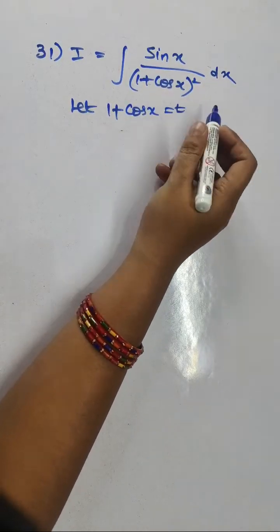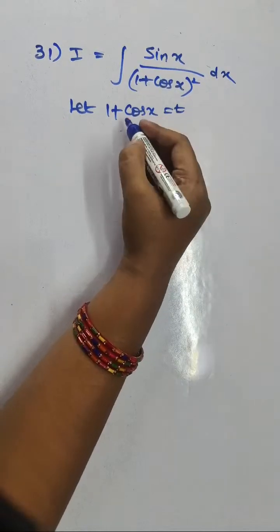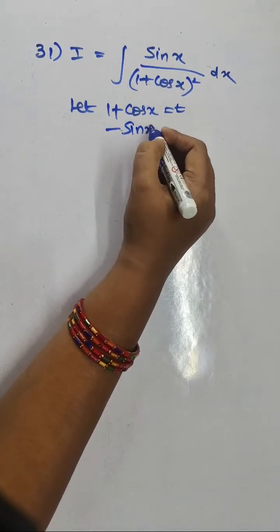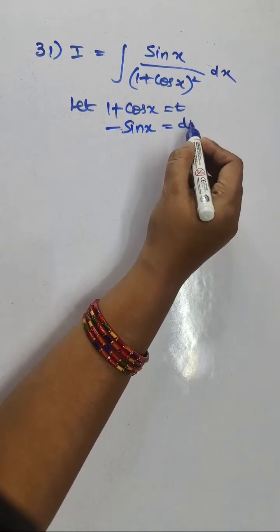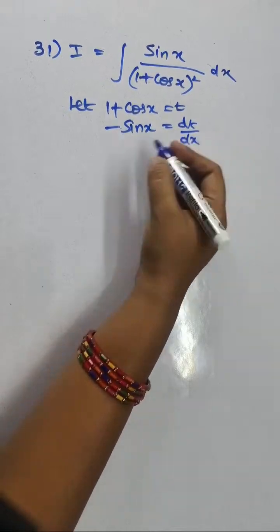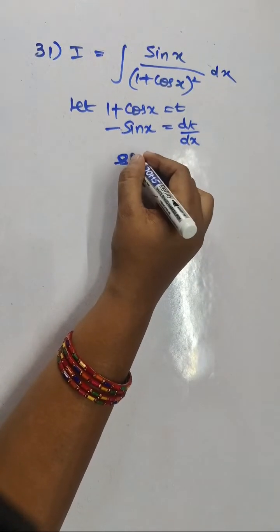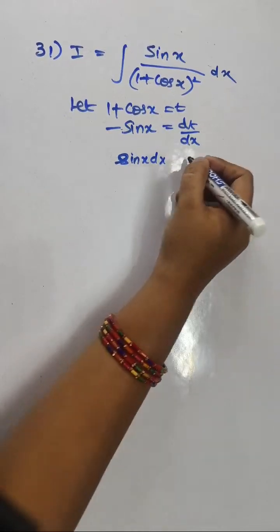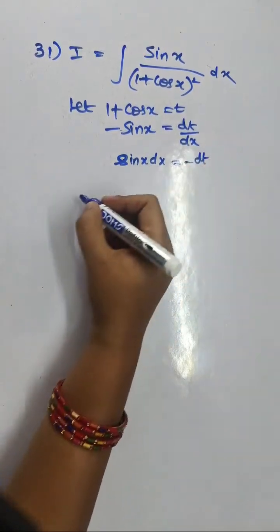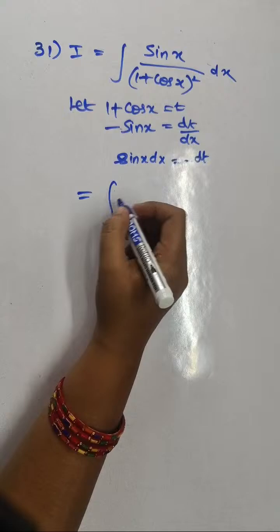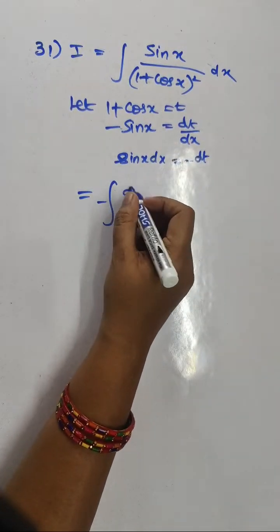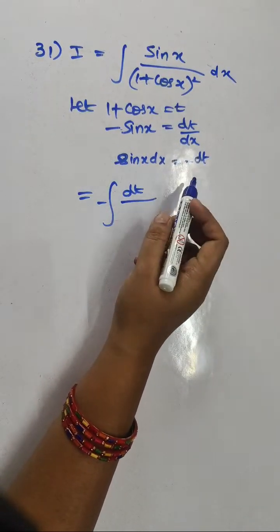Let's see whether we are able to substitute in the given question. It is like the previous question only. Differentiating, minus sin x equal to dt by dx. Take this dx to the left side and minus to the right side. That will become minus dt. So I equal to, in place of sin x dx, it is minus dt. 1 plus cos x, it is t.